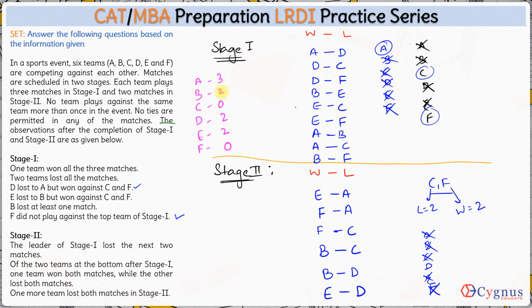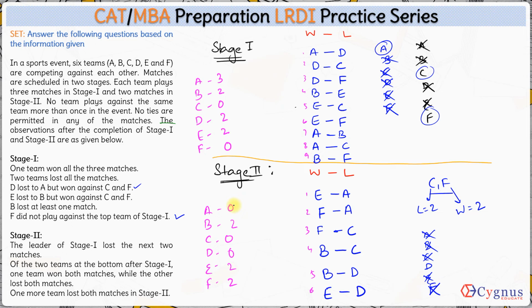So 3, 2, 5, 5 plus 4, 9, and there were actually 9 matches here. In the second stage, we have 6 matches, and let's see which team won how many. A lost both its matches, B has won both its matches, C lost both its matches, D lost both its matches, E has won both its matches, and F has won both its matches. So 2 plus 2 plus 2, 6 matches over here.